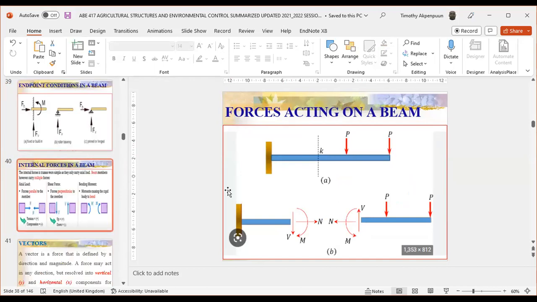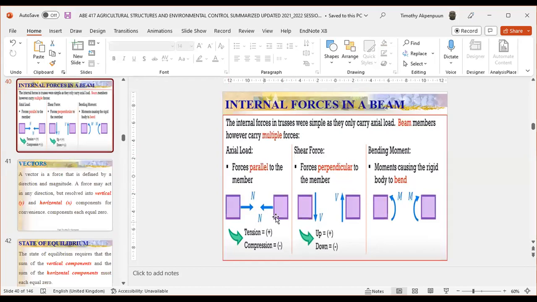If it is pulling like this, look at the forces acting at the neutral axis, right? They are pulling, stretching out. If it's stretching, that means what? Tension. But if it is pressing towards, it means what? Compression.